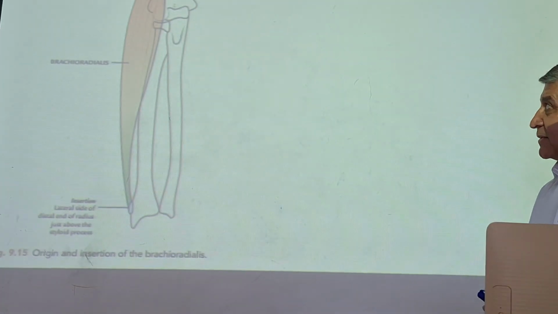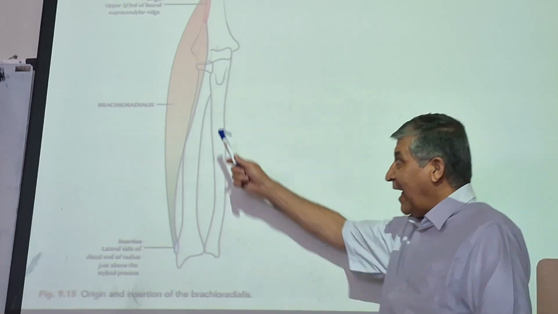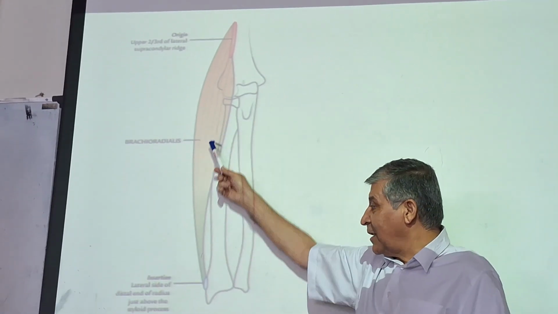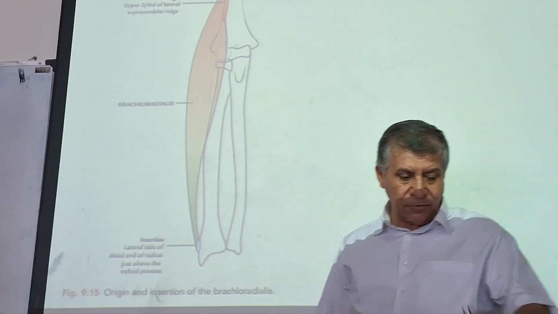Attachment of muscles. Brachioradialis is attached to the lower end of the radius.